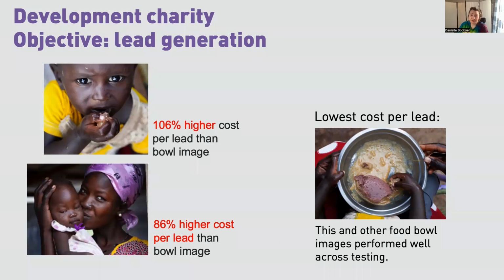On the left, there's high quality photography, a child at the top, and underneath a younger child with a relative. However, the clear winner across ad sets from initial testing was the image on the right, showing a child's hands eating from a bowl. This performed best and generated the lowest cost per lead on adverts that used it.